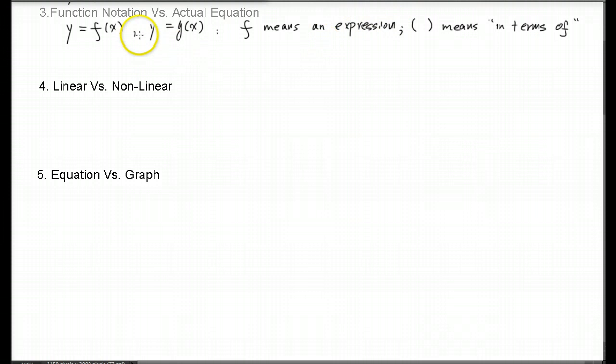And finally, if you put x inside the bracket, the whole thing means an expression in terms of x. Of course, g(x) means an expression in terms of x as well, but a different expression, since you can tell from the different letters f and g. The actual equation should explicitly show what kind of expression it is. And that's function notation.